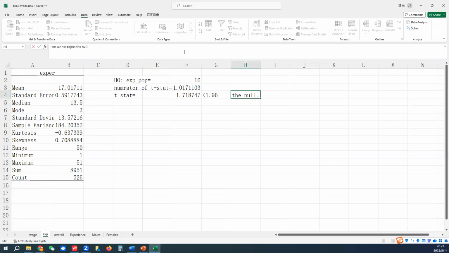So the conclusion is that this sample reflects that the hypothesized population is not significantly different from the summary statistics of the sample.